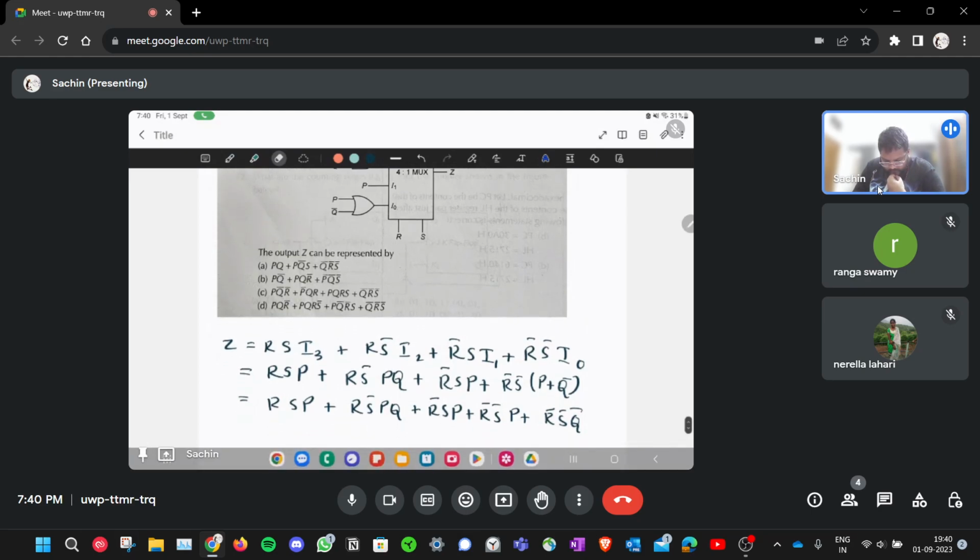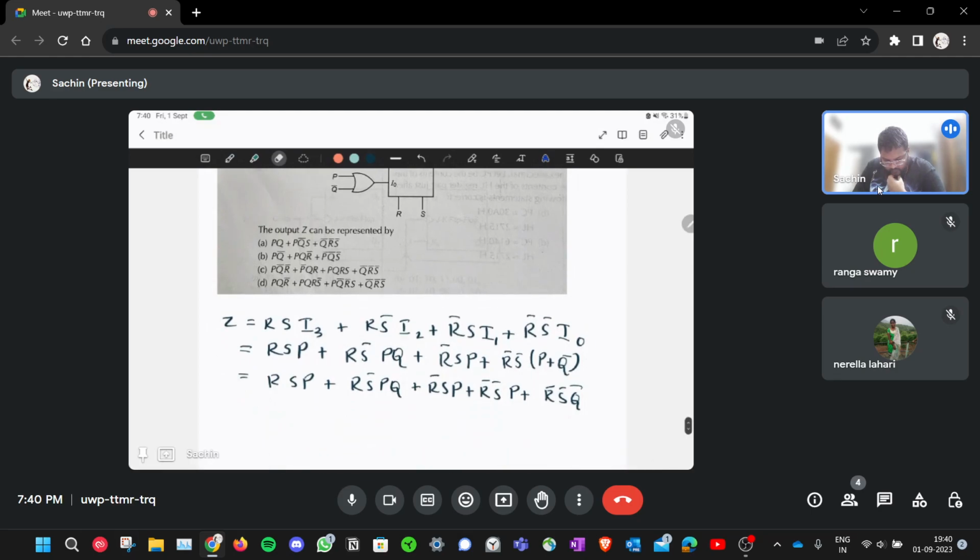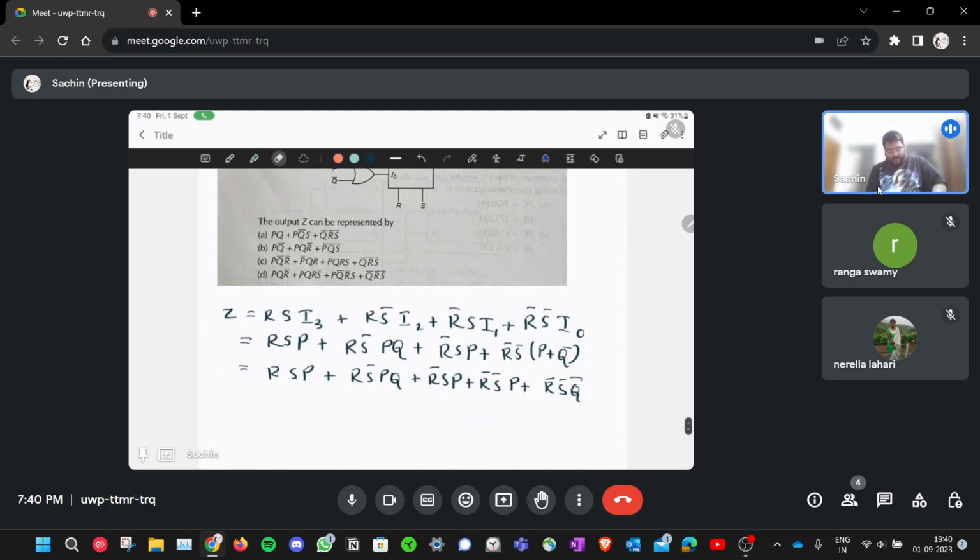One thing you can observe is that all these terms have a PQ in them, so we should try to get PQ in all our terms also.